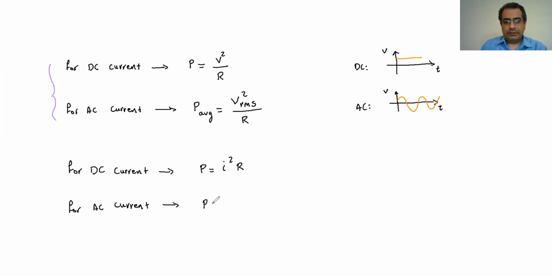So I would say that P is going to be a function of time t, and to get the average of that, we write P average.